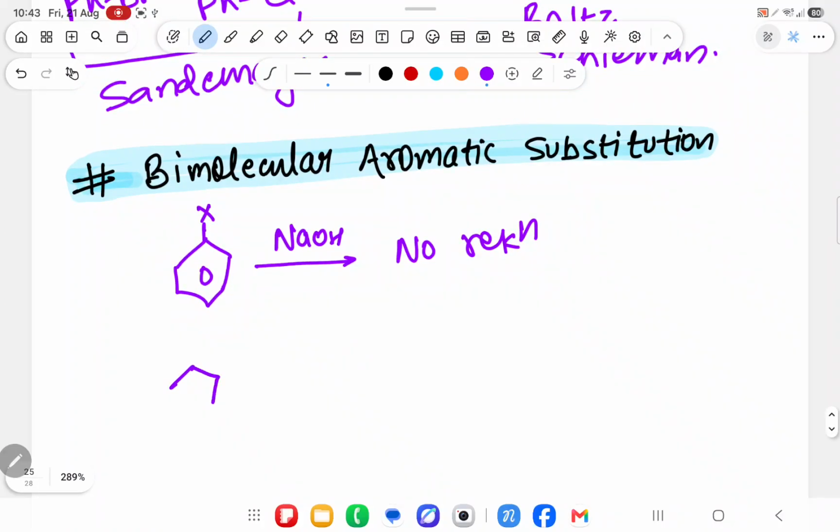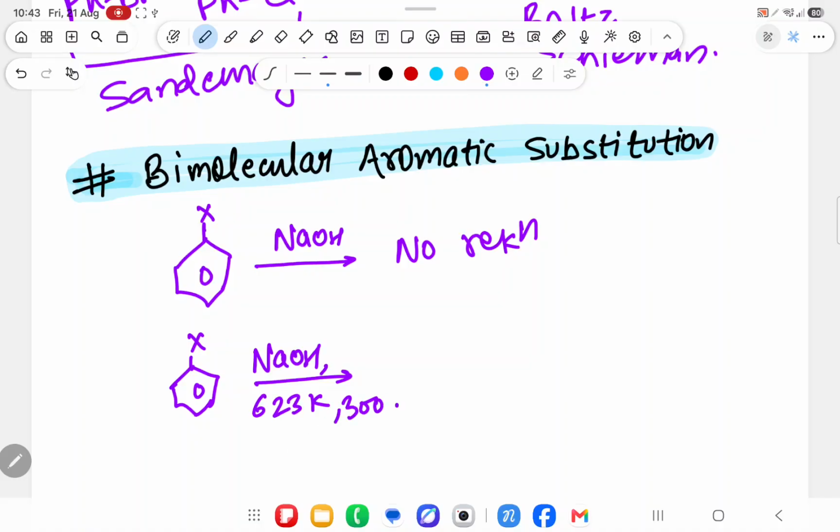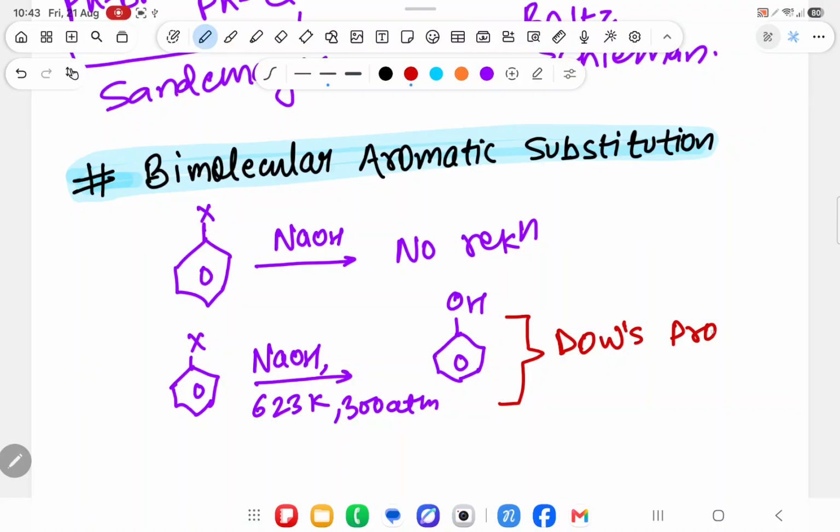But if you take aryl halide and react with NaOH at 623 Kelvin and 300 atm, then it will react and form phenol. This process of reaction with high temperature, high pressure is known as Dow's process. Which process is known as Dow's process? Understood, everyone?